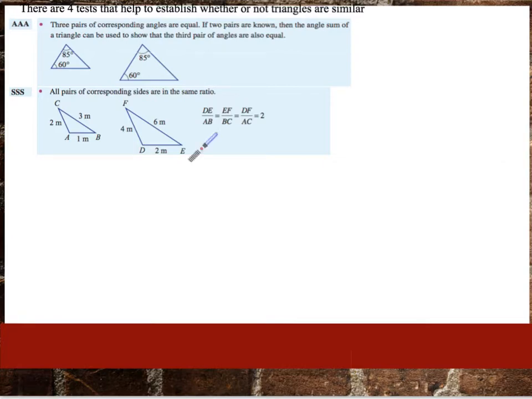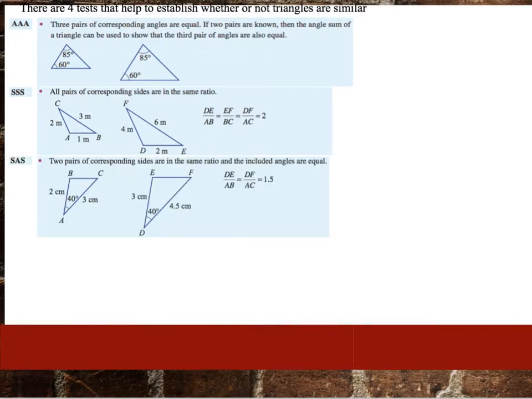And this is what we indicate with this thing here: DE over AB is the same as EF over BC is the same as DF over AC. And all of them is 2. So it comes back to the thing called the factor ratio, or the ratio factor, I can't remember now, but we'll get back to that.